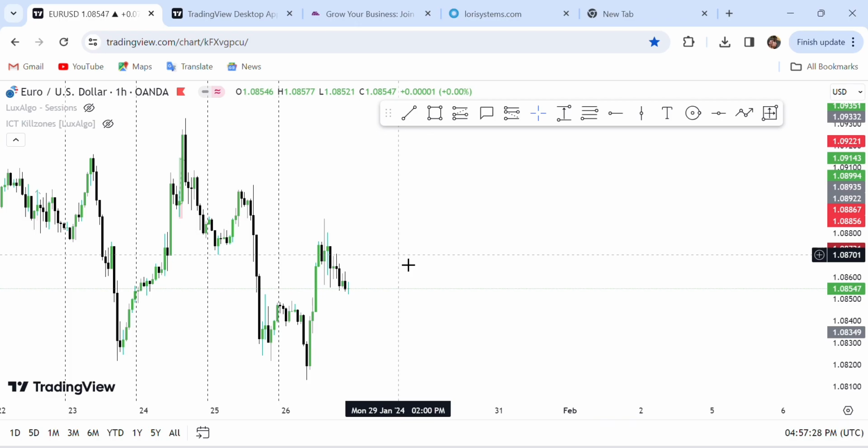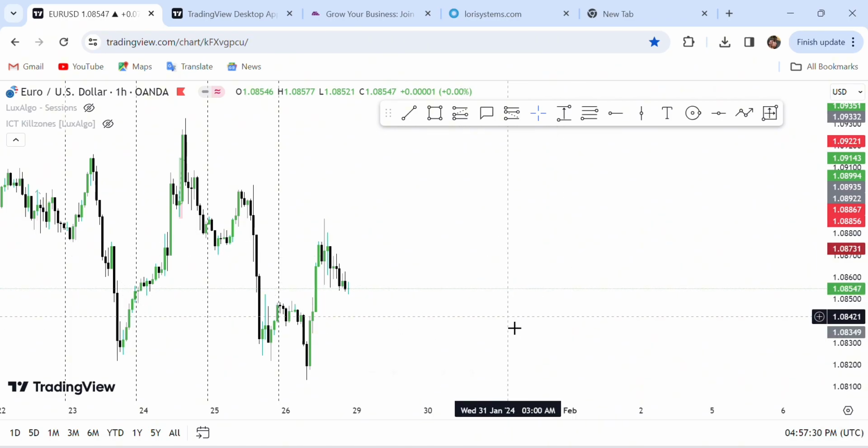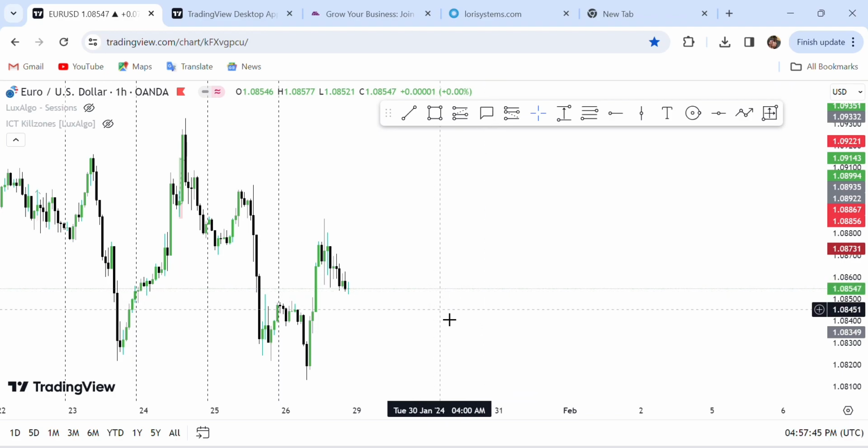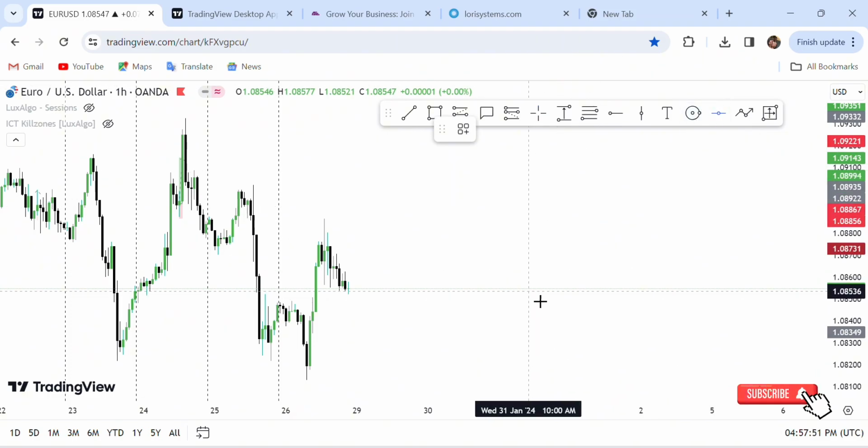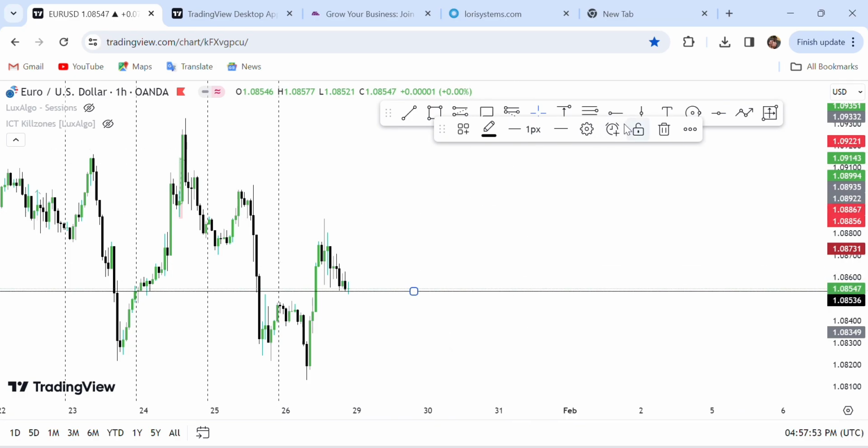We can see right now that price is trading around 1.08547. If you round this price to the nearest whole number, that will be 1.08500. So let's take our line and put it at 1.08500, and let's see what's up with that.